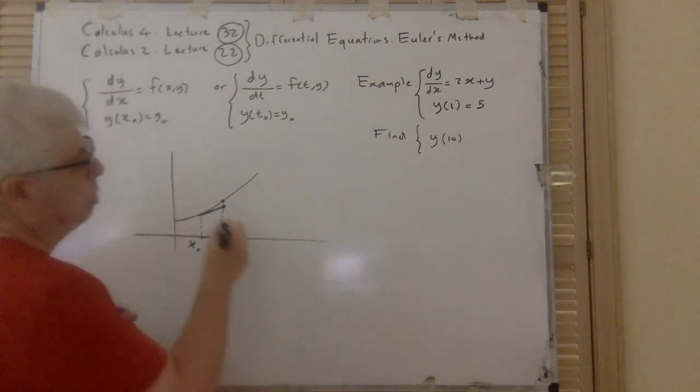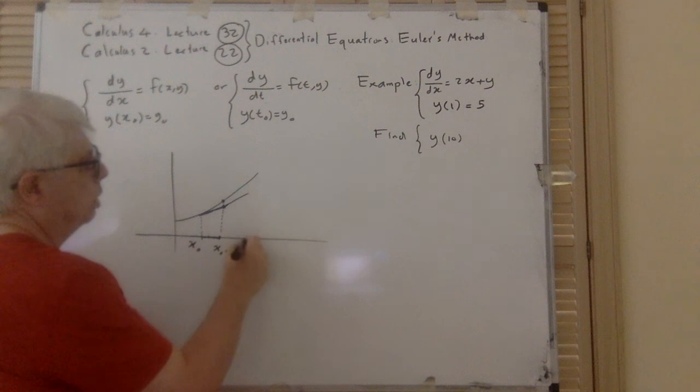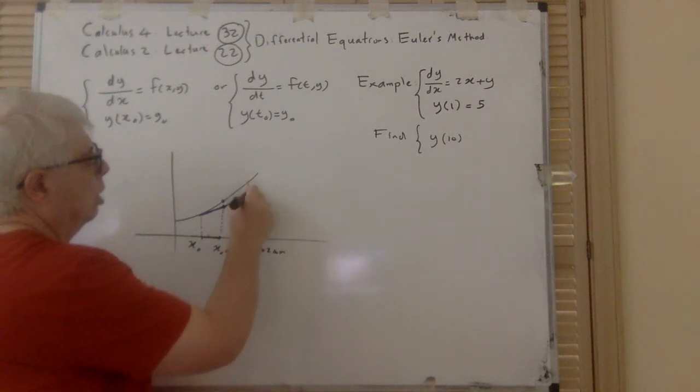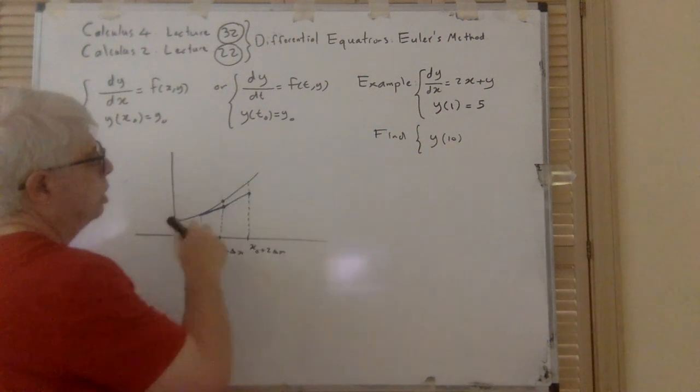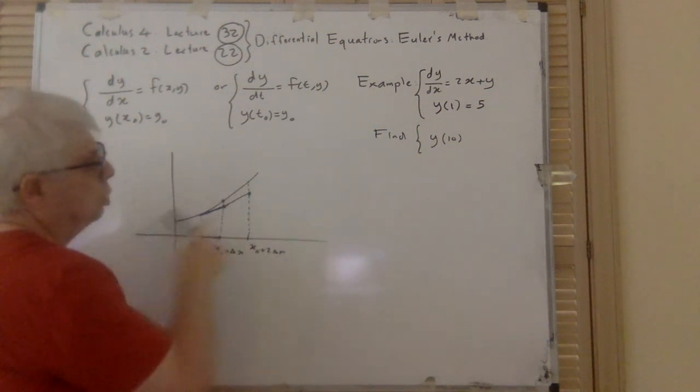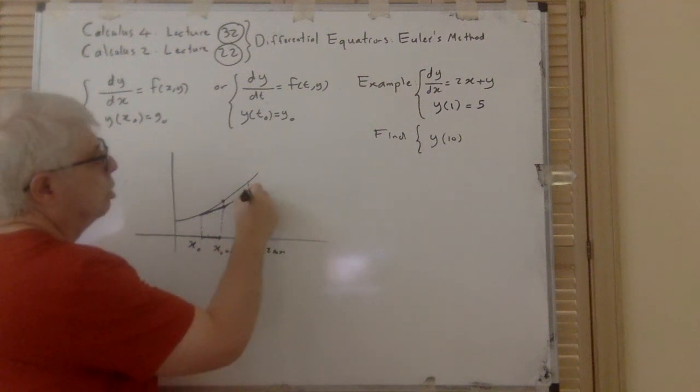In a sense, I'm using that one to find another tangent line and go forward again another delta x. So x0 plus 2 delta x, and I will find this point. Then I continue like this, again using another solution which passes through this point, and then I just continue like this.